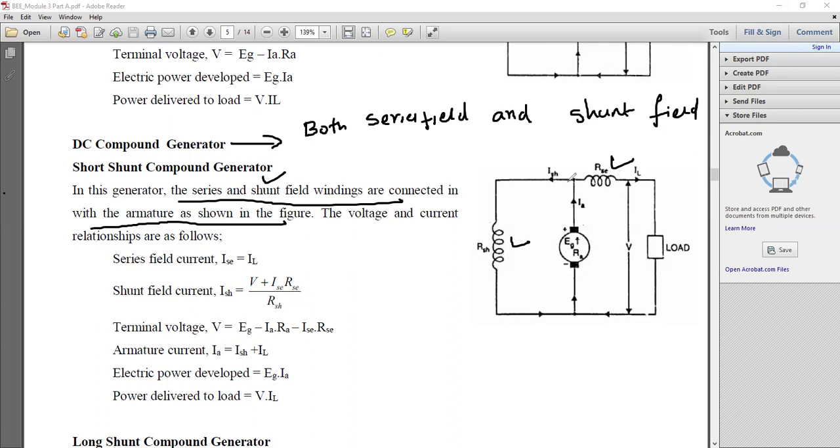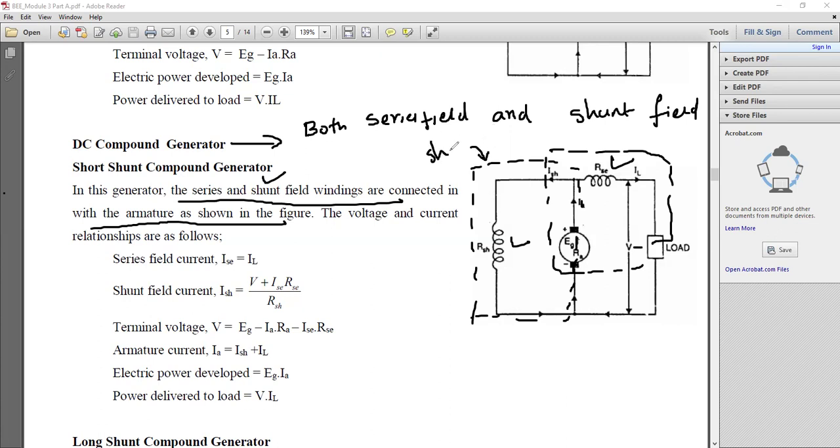If I remove this segment, this is actually part of the shunt generator, and this other segment is the series generator. This is your shunt part, and this segment is known as the series part. So it is a combination of shunt and series generator, that is why it is known as a compound generator. Here, the series field current is equal to the load current.